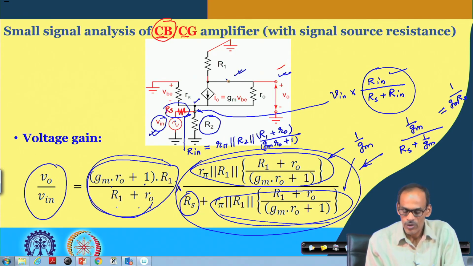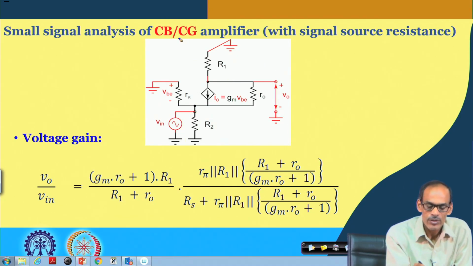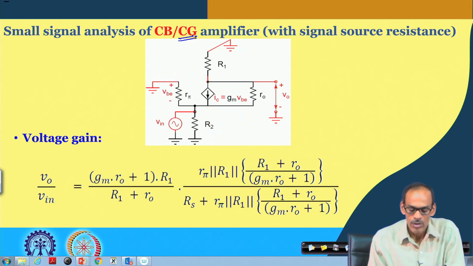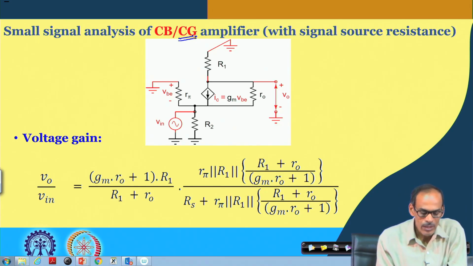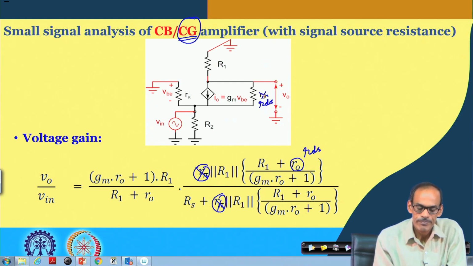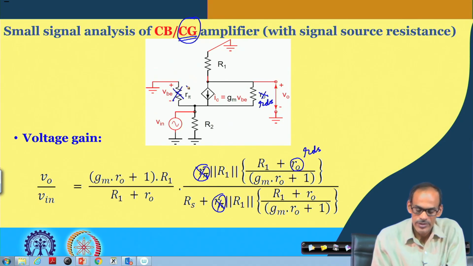In fact, this is true for the common gate configuration as well. So, even if I consider common gate, the analysis will be similar. The only difference is that we will not be considering this part, and we have to consider RDS instead of RO, because for common gate this is RDS, and this is, I should say, infinite.